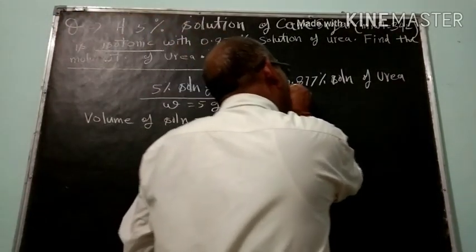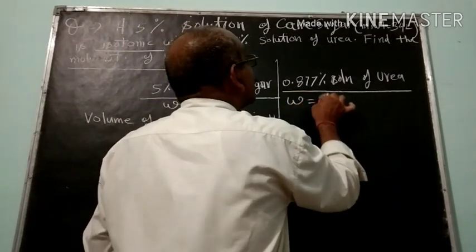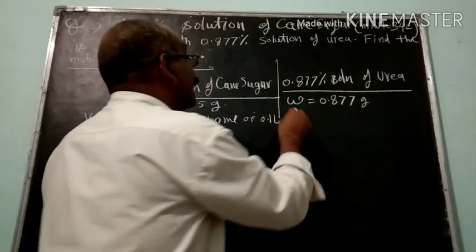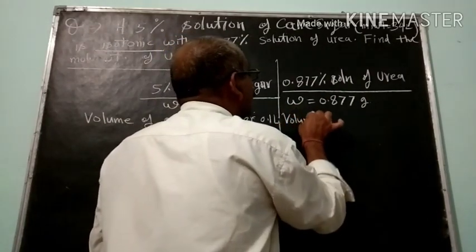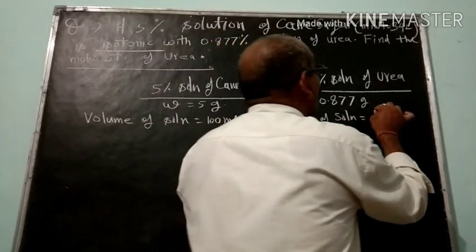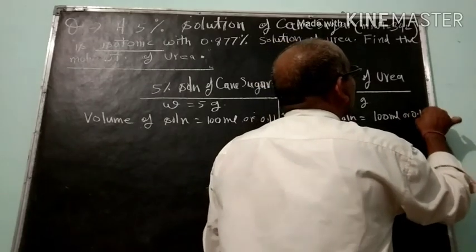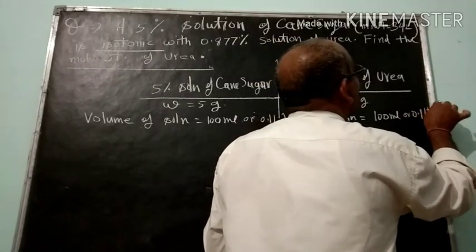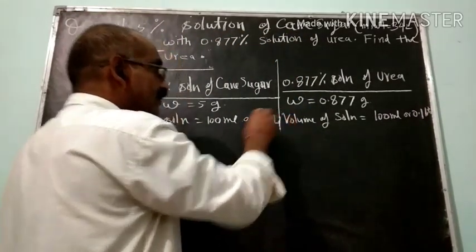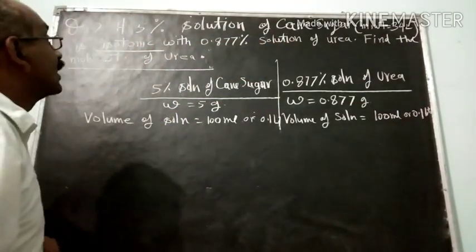Similarly, a 0.877% solution of urea means 0.877 gram of urea is dissolved in 100 ml, or 0.1 liter of solution. Is it clear?